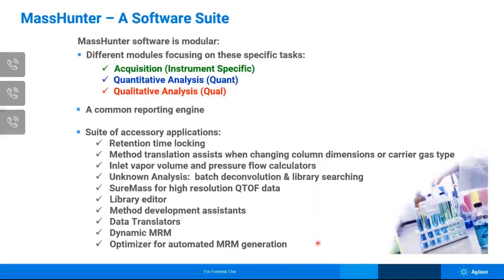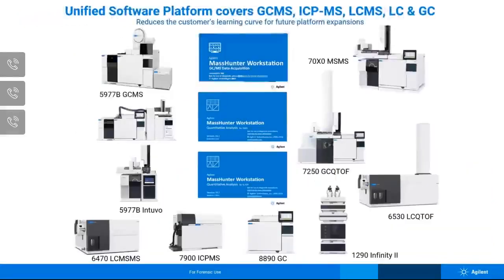Notice as you look down the list, there are features not just for single quad data, but also for QTOF and triple quad data. This is because the MassHunter software suite can control LCMS and GCMS instruments, along with standalone GC and standalone LC with VWD and DAD detectors.